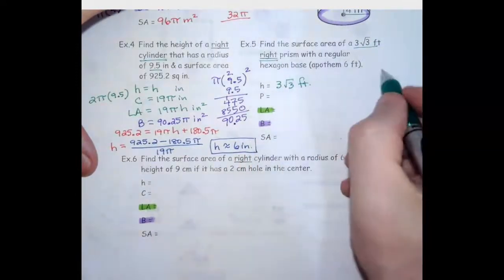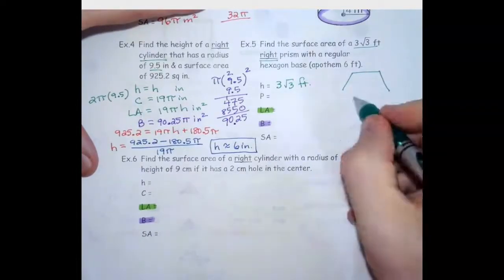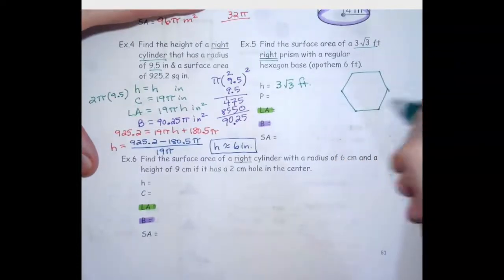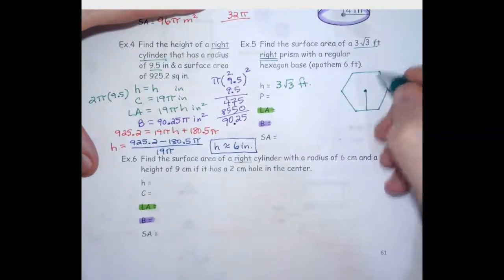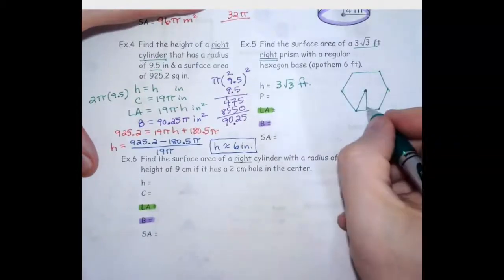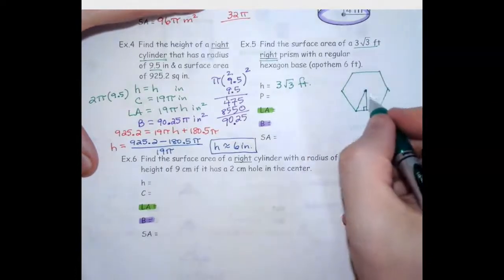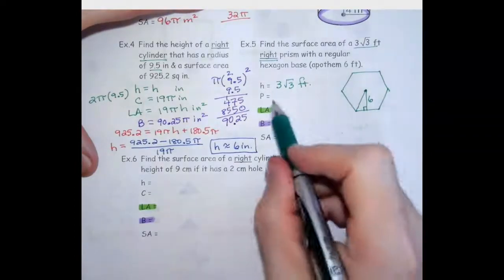Okay, now the base is a hexagon. This is not a good looking hexagon, but it'll have to do. Alright, so there's our hexagon, and we're supposed to know in a hexagon we're going to have a 30, 60, 90 triangle, and it says the apothem is 6 feet. Okay, so we're also going to need the sides so we can find the perimeter.